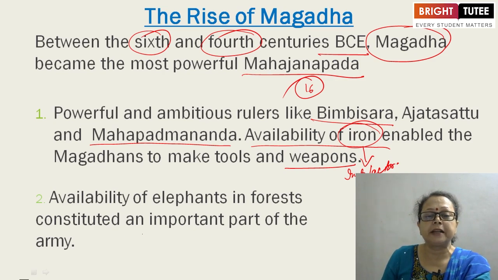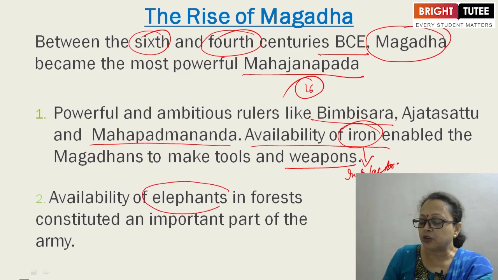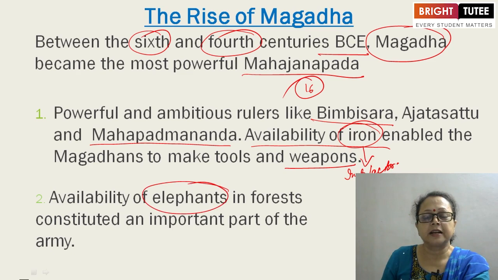Availability of elephants in the forest constituted an important part of the army. In those days, horses were very few, or it is said they were not available actually. So elephants, in the forests of the Ganga Valley, were available in large numbers.